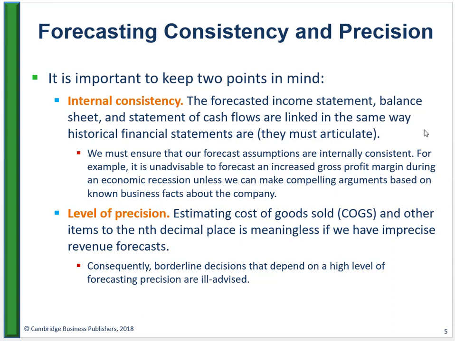Here's an important point on consistency and precision. Consistency refers to what I'll call the smell test. All of these financial statements work together. So the relationships between the major line items and accounts that has held in the past needs to hold in the future.